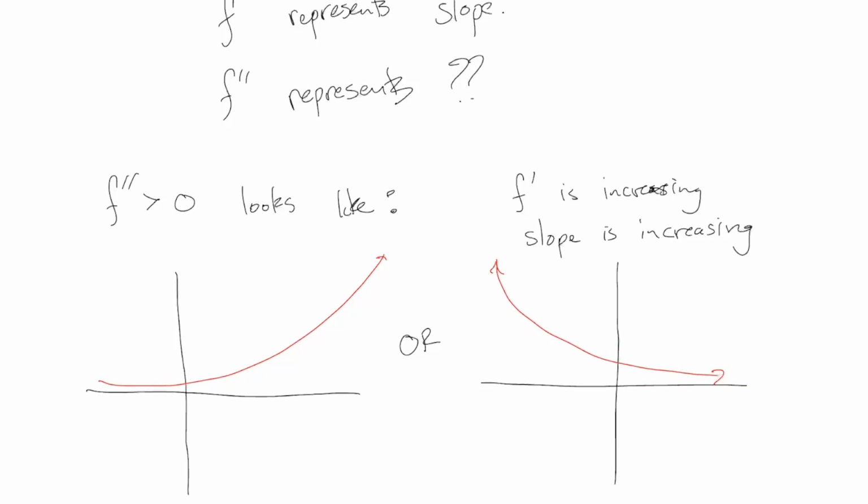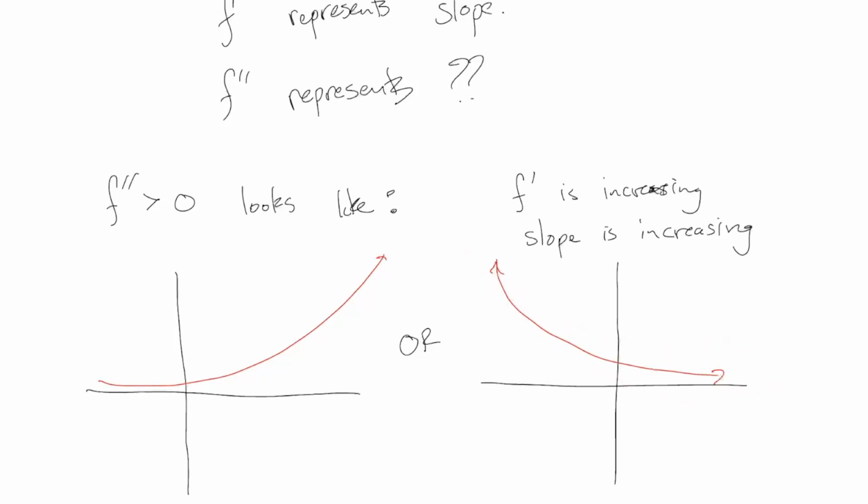But actually, the slope here is increasing because the slope here is steep and negative, whereas here it is close to 0. So the slope is very negative becoming 0. That still counts as an increase, right? So here is also a picture where the slope is increasing.